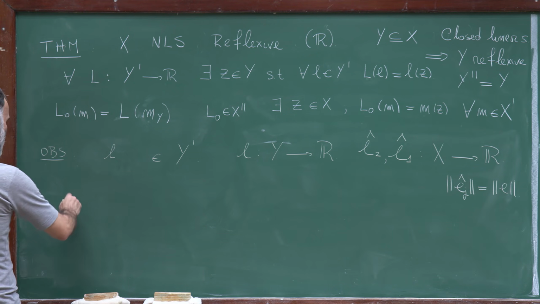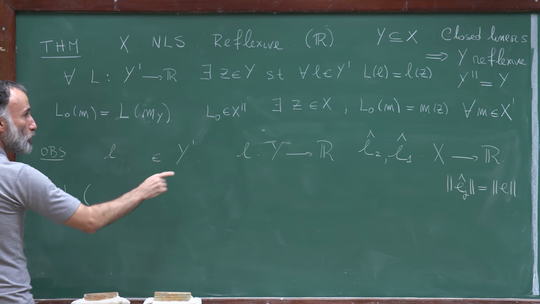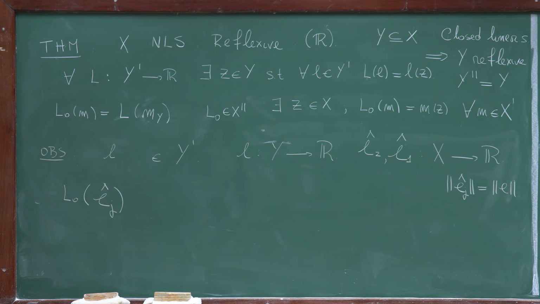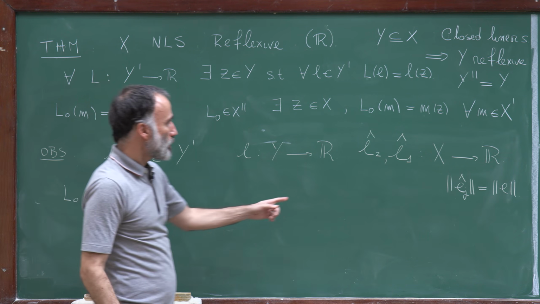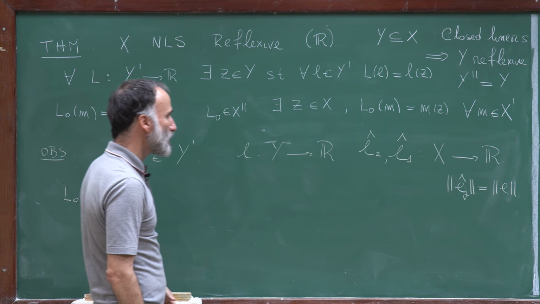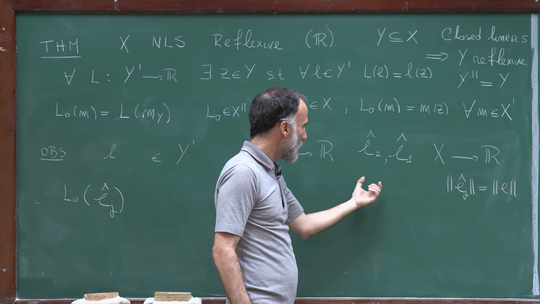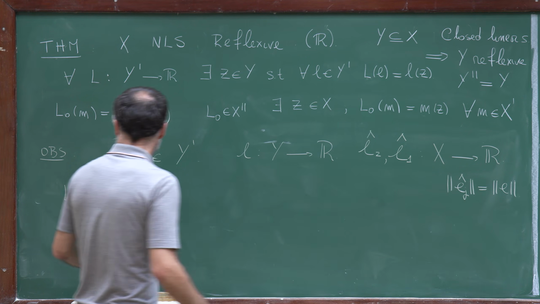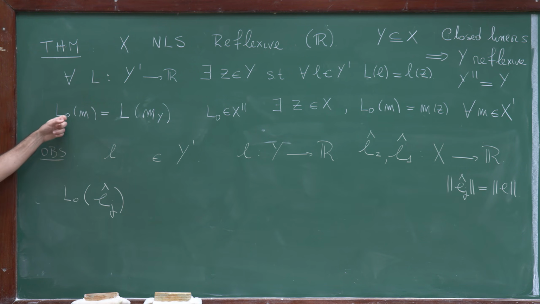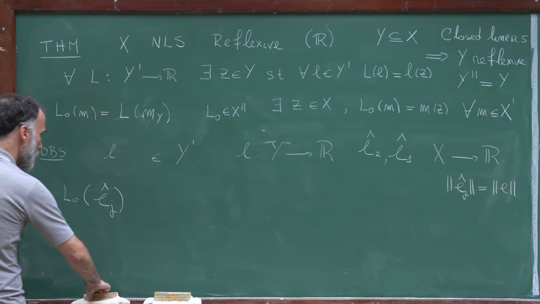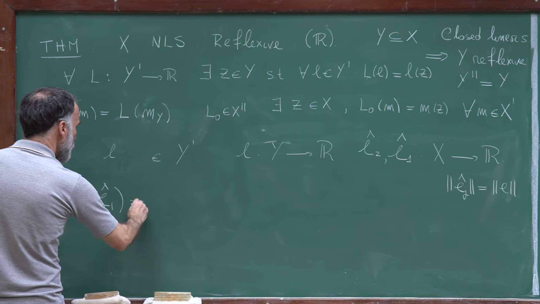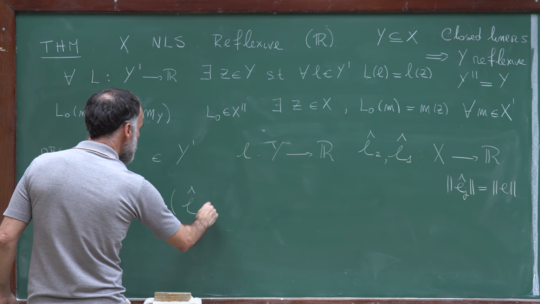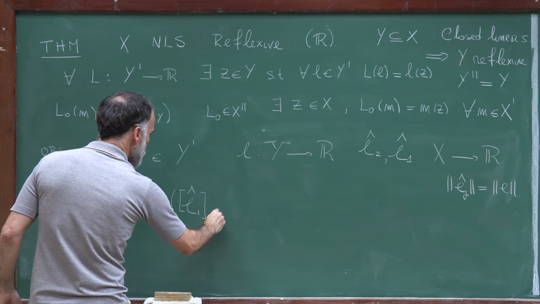Now I want to apply L0 to one of these extensions. Since l hat 1 and l hat 2 are extensions, this means that if I restrict them to Y, I get the same bounded linear function, which is l. So when I compute L0 applied to l hat 1, by definition, it's L applied to l hat 1 restricted to Y. So this is l1.